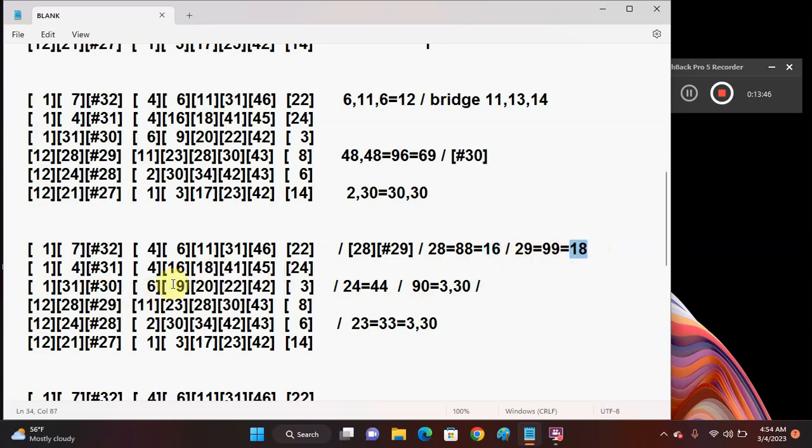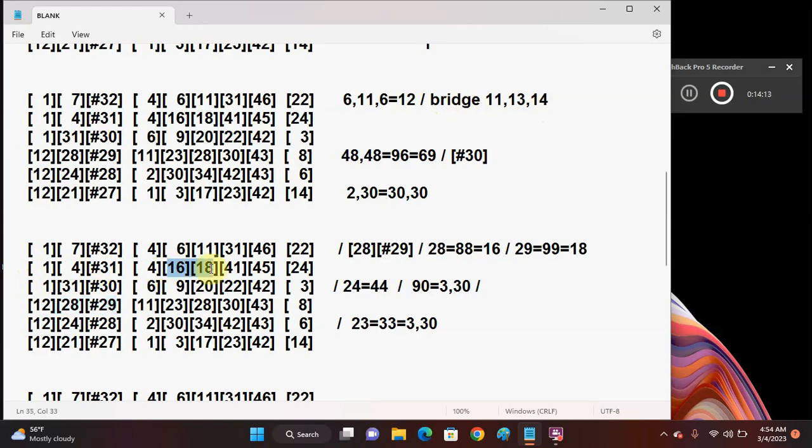Now if you go over here, here's the sequence, right? In other words, it didn't get played out here, because this number here, the 11, forms a statement of, in other words, it's a bridge number. The bridge numbers are 11, 13, and 14. So it allows this sequence to go on to this position right here, 11, and then play itself out right here.